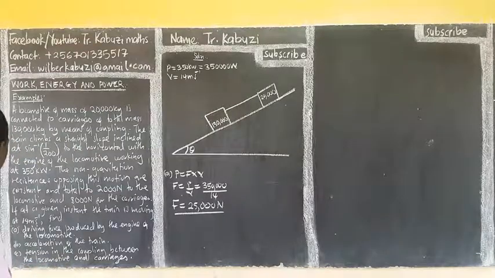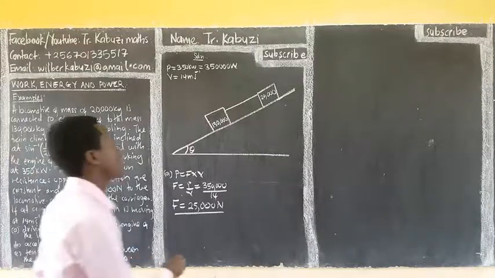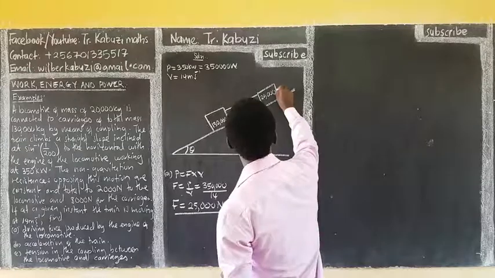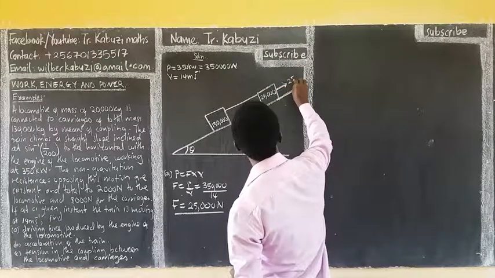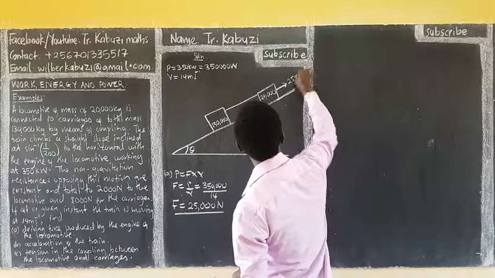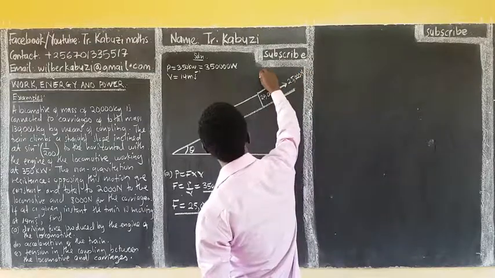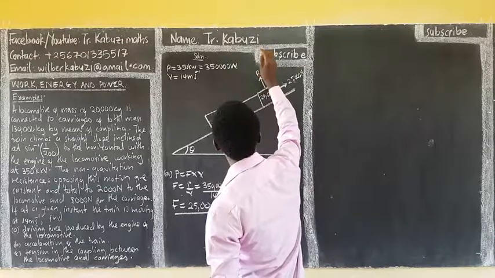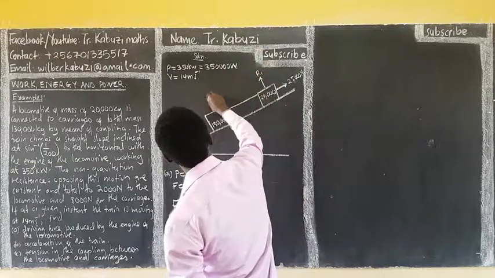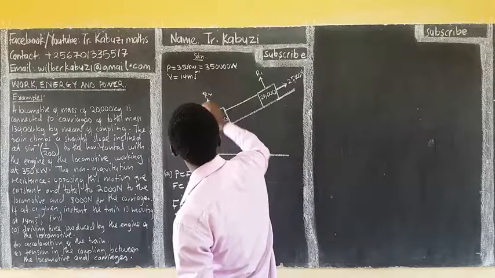Okay, so then they want us to get the acceleration. So now we can come to our diagram. We have seen that this force is going to be 25,000 newtons. Of course, we shall be having a reaction here. Let us call this R1, and this one also going to have a reaction R2.